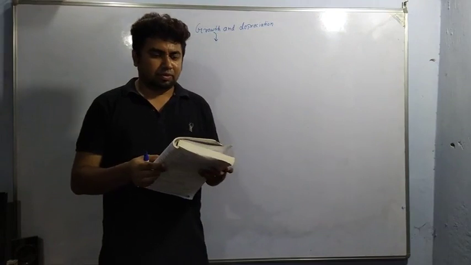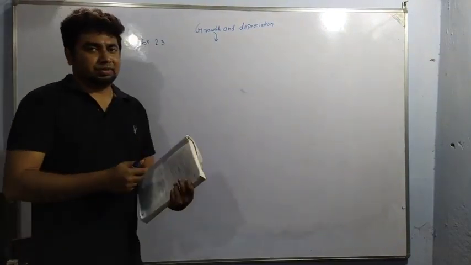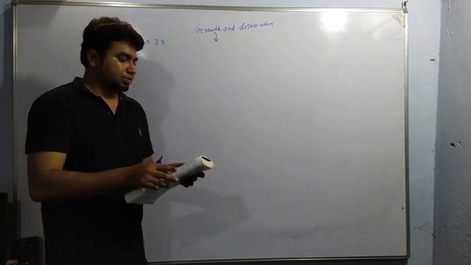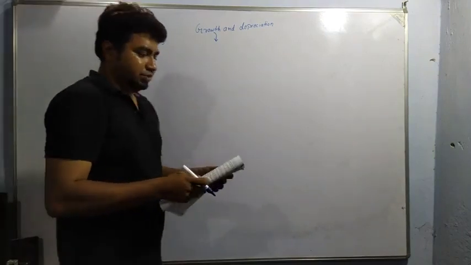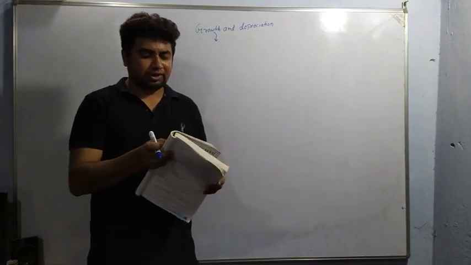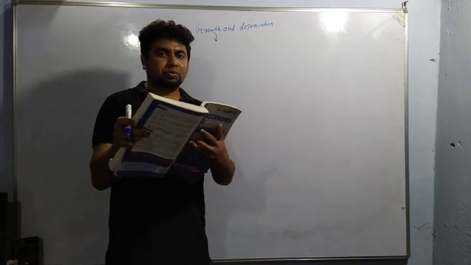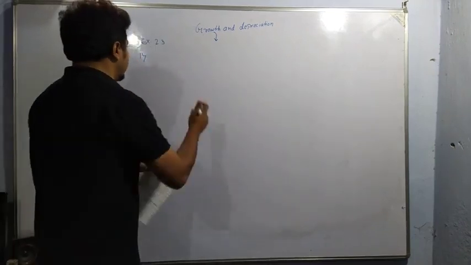Okay, now we will go to exercise 2.3. Question number 1. Please go through question number 1. The present population of a town is 2 lakh. So it is given the present population, and I told you that present is always referred to as principal.